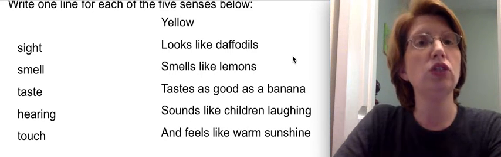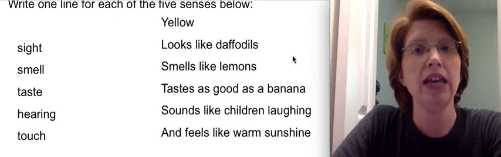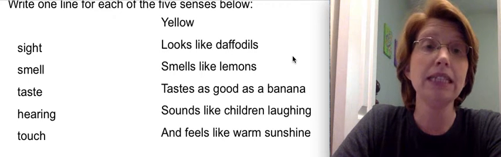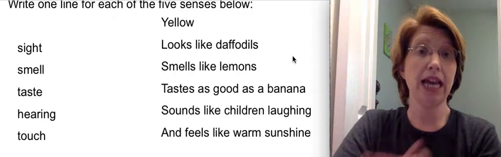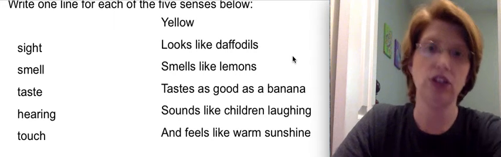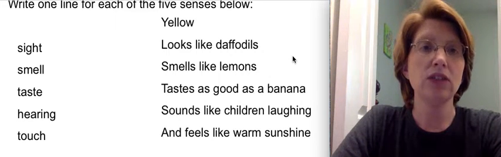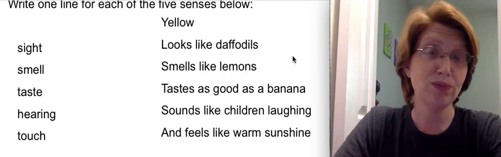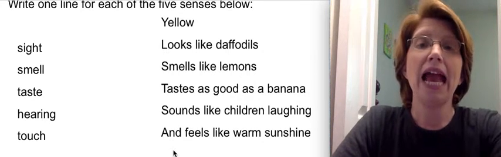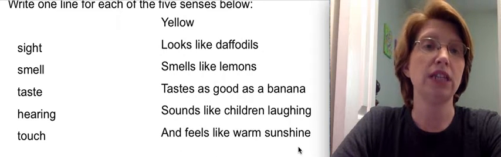What do you associate it with? Maybe it sounds like the kitchen because you're imagining the banana or the lemons in the kitchen. Or maybe it sounds like the bees buzzing in a flower garden. Bees are yellow, so that might be something. And feels like warm sunshine.